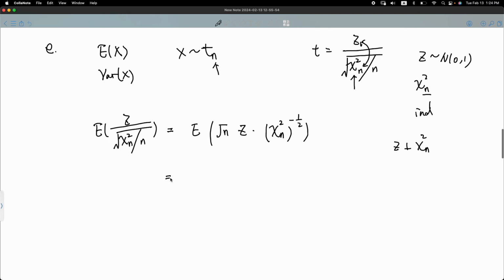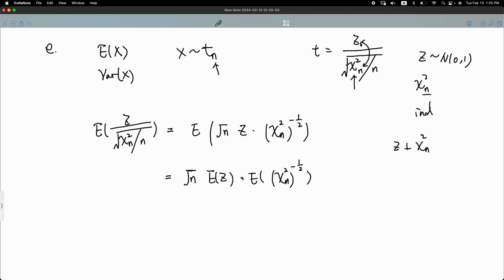With that information, we are able to decompose this expectation into products. Square root of n as a constant, expectation of Z, expectation of chi-square with degree of freedom n, but don't forget it is raised to the power of 1 over 2.